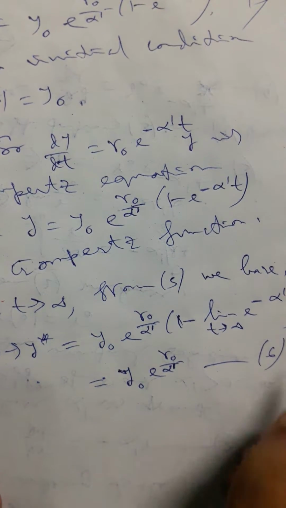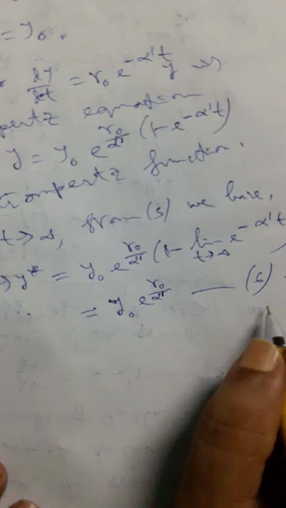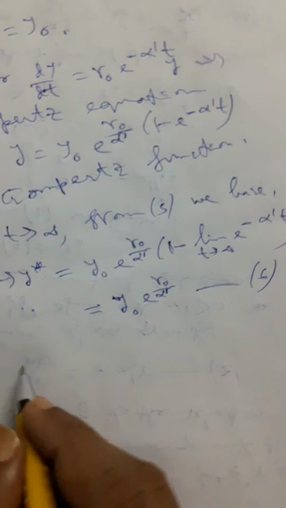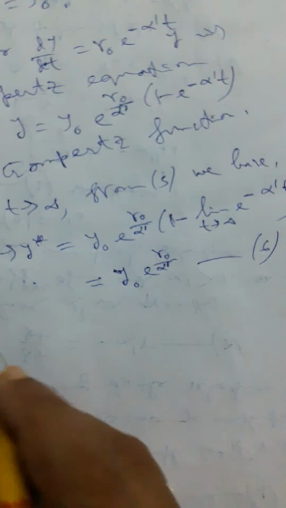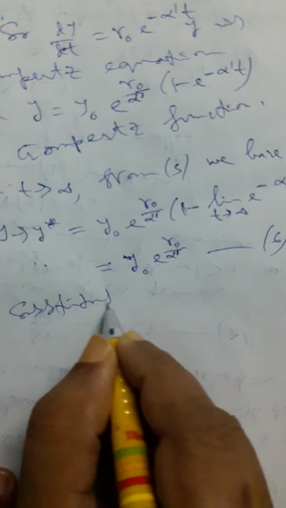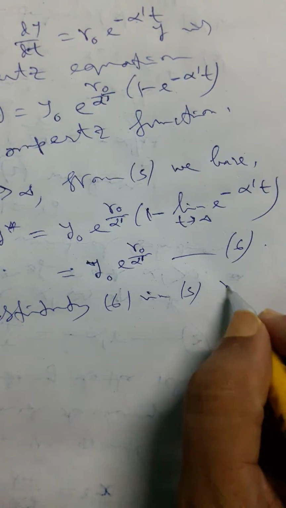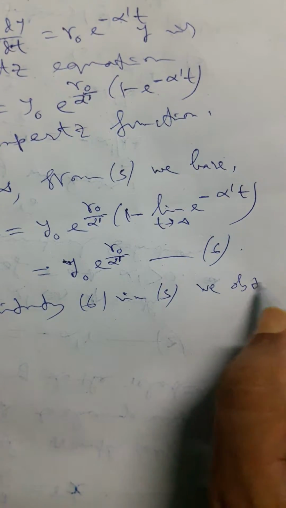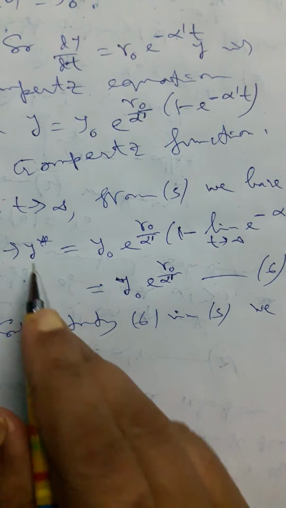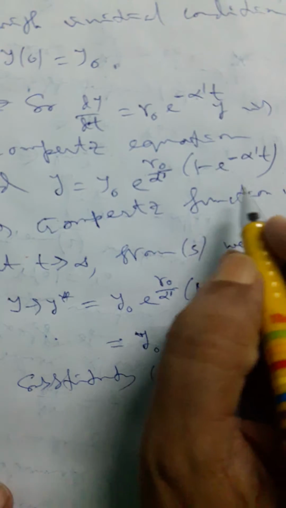Taking it as equation number 6, now substituting 6 in 5 we obtain y star equals y0 into e to the power r0 by alpha dash.